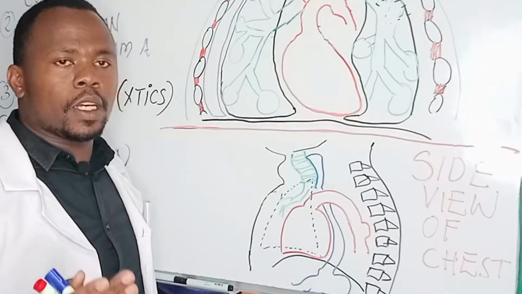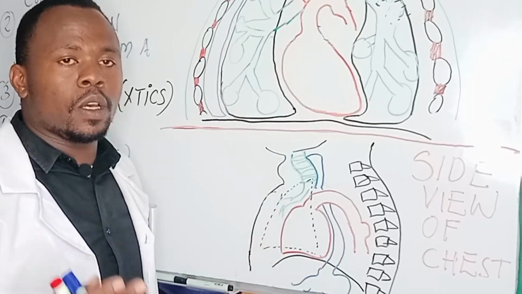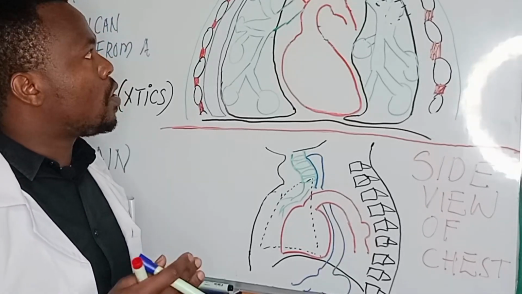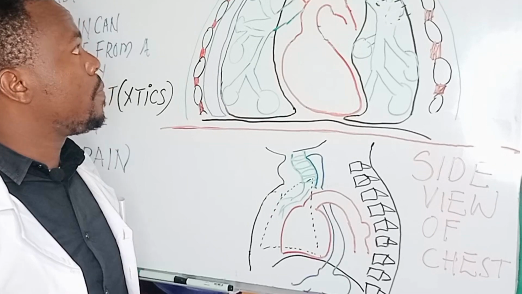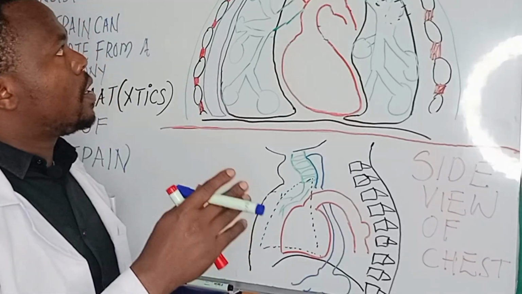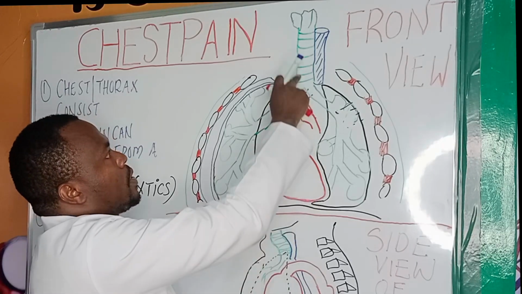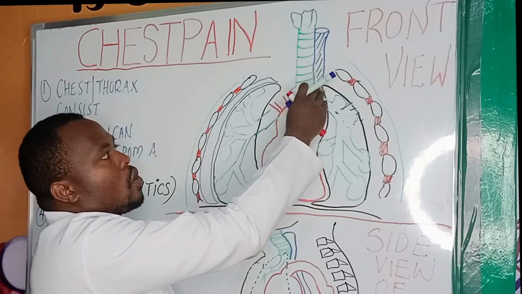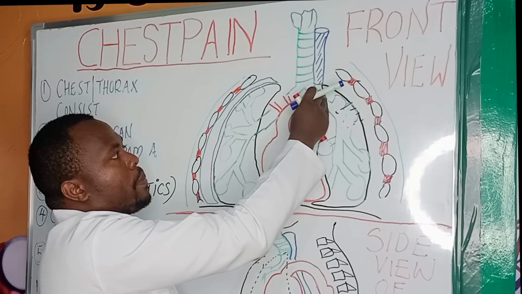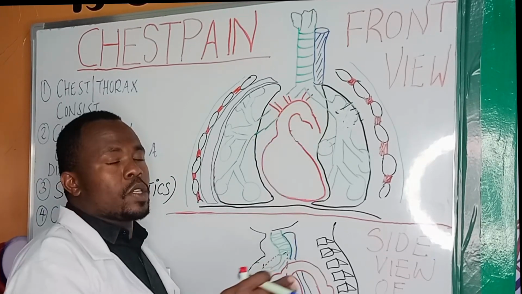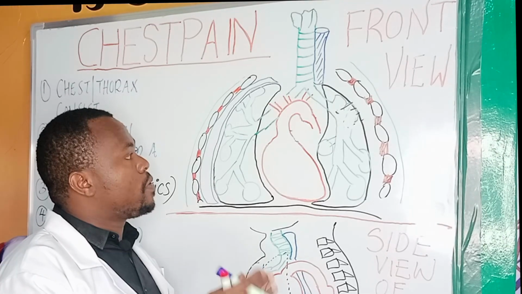Then number 3 classification of all these structures is the soft tissue. We have a variety of soft tissue in the chest. We have soft tissue that is before the lungs, that is the windpipe, and also we have the food pipe, and also we have the bronchus. Those are the soft tissue that is before the lungs.